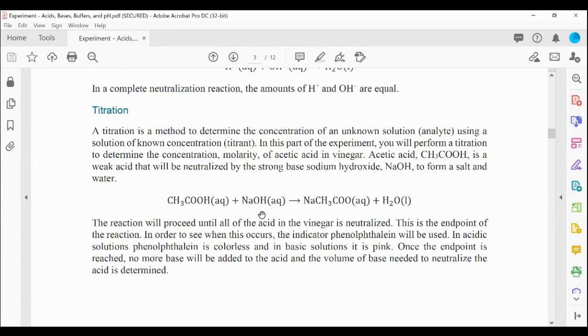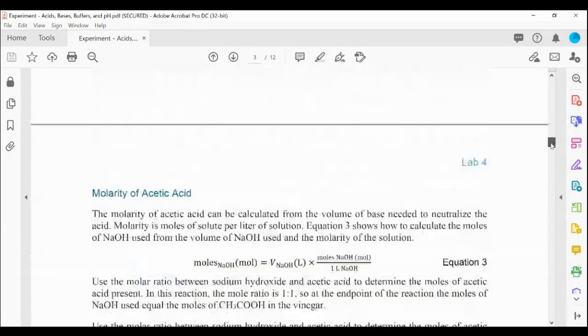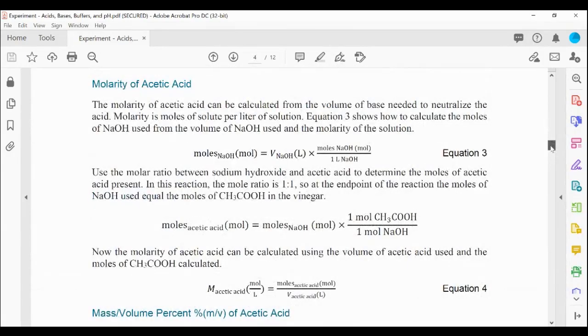And how easy it is to calculate the number of moles of sodium hydroxide. It's very simple. It's just multiplying the concentration times the volume. Here it is telling us the moles of sodium hydroxide.